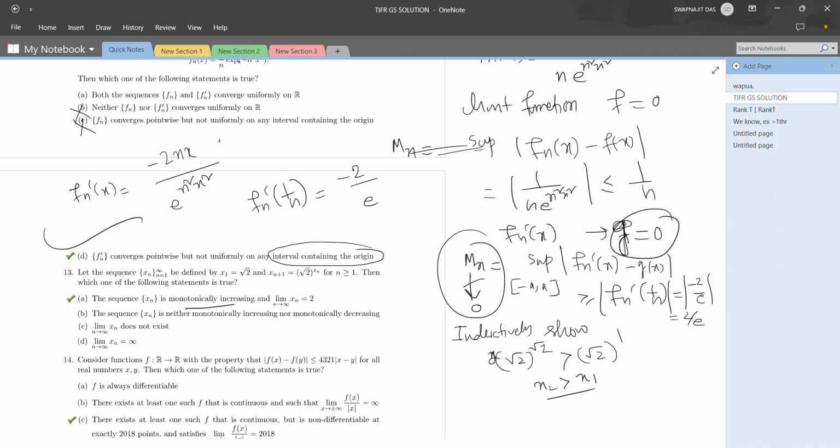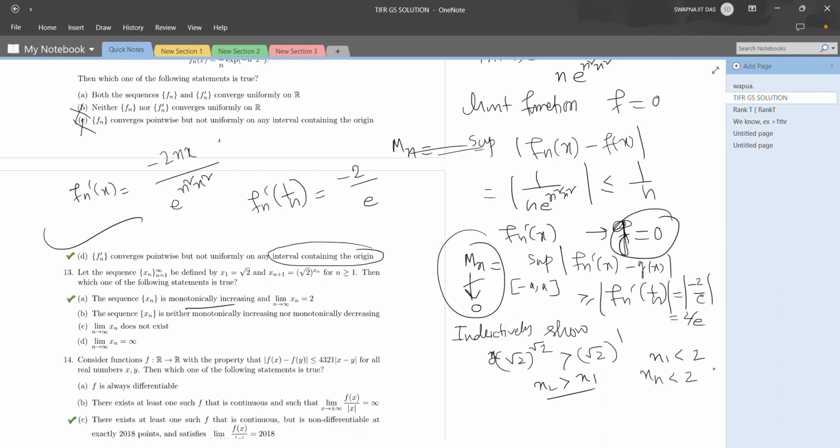And by the monotone convergence theorem, what you need to show? If it is monotonically increasing and bounded above, then it is convergent, and then you can find the limit, right? So it is monotonically increasing and it is bounded above by 2, because x1 is strictly less than 2.